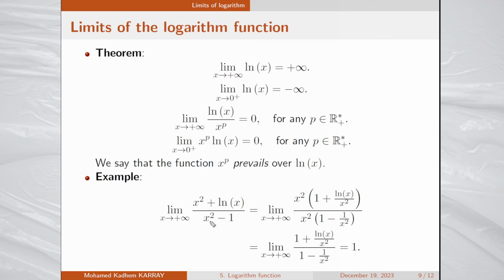Here is another useful example. Assume that we want to calculate the limit as x goes to 1 of the logarithm of x divided by x minus 1. Firstly, the numerator goes to 0 and the denominator also goes to 0. So this is an indeterminate form.